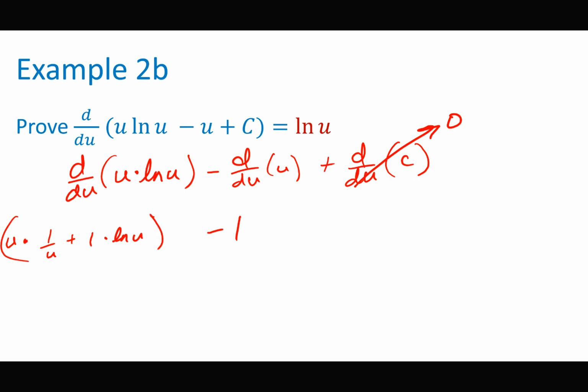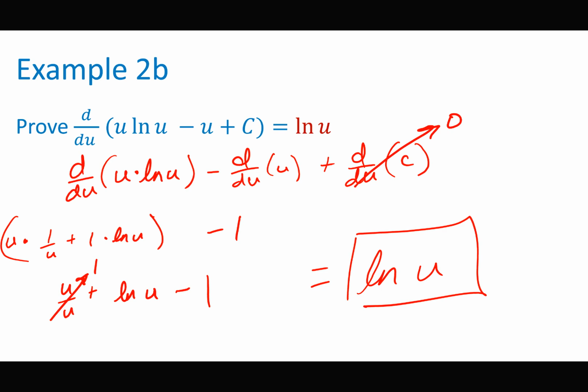All of that minus 1. So really this is u over u plus natural log of u minus 1. u over u is 1. So positive 1 minus 1 ends up simply being natural log of u. All right, so this shows that if we differentiate this, we end up with natural log of u.